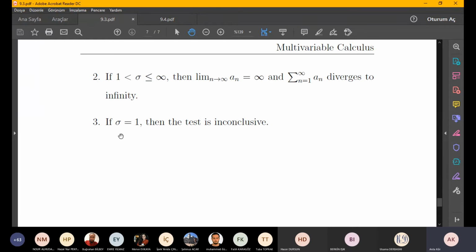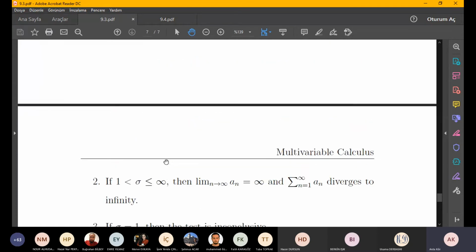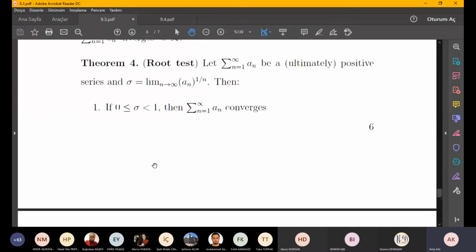And the last one is the same. If that limit is 1, then the test doesn't say if your series is convergent or divergent, so it is inconclusive. So this is the last test that we will see for positively defined series.